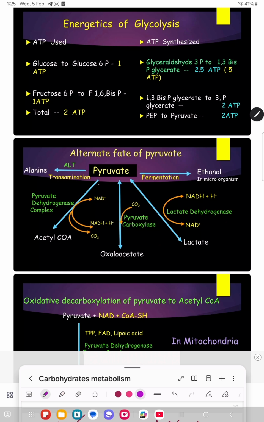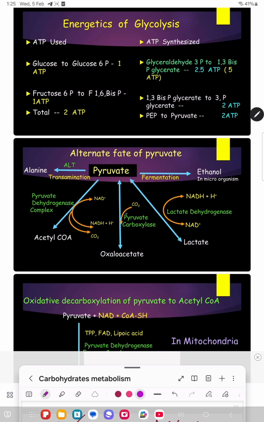Okay, and there is formation of acetyl CoA from pyruvate with the help of pyruvate dehydrogenase complex. Here you see the NAD will be converted to NADH, and the evolving of CO2 will also take place here.